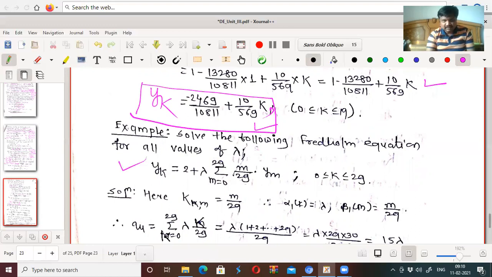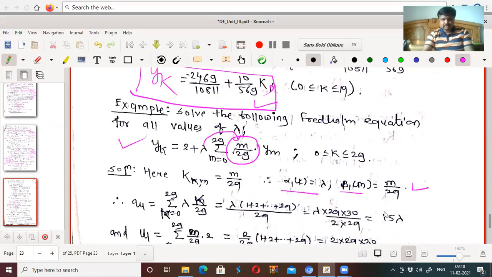The same thing is there. M upon 29 is the kernel. So there is only one term in the separable kernel, that is alpha 1k. Here lambda goes here, lambda times M upon 29, and beta 1m is M upon 29, isn't it? So here k of km is lambda times M upon 29, and therefore alpha 1k becomes lambda, beta 1k becomes M upon 29.